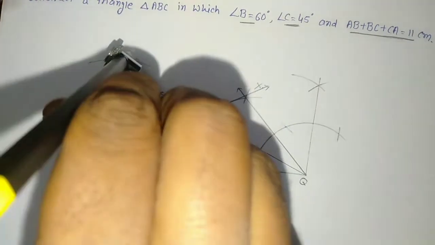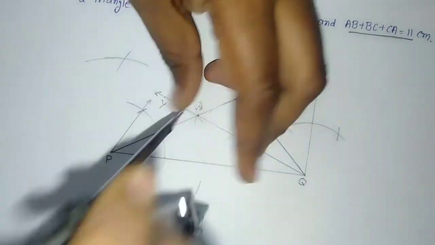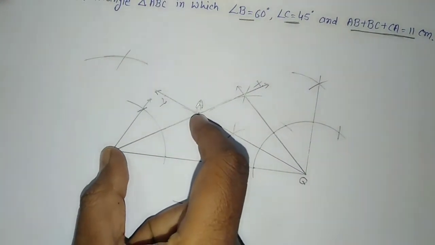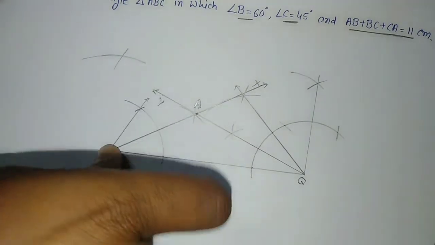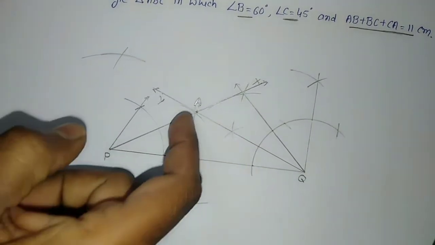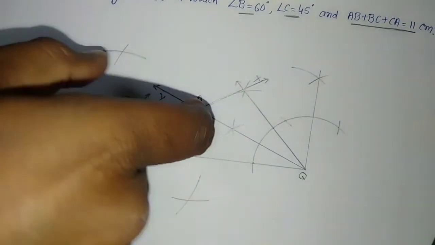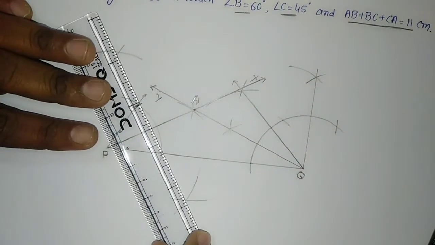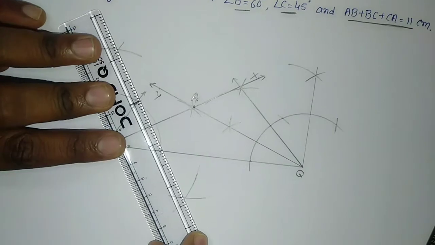Then I will keep the point on A, and then again I will draw the arc. You can see I have taken this measure A to P, then I have drawn the arc in the upper and lower semiplane. Then on keeping the point on A, I have drawn the arc in both the semiplanes. Wherever these two arcs intersect each other, I will draw the line.